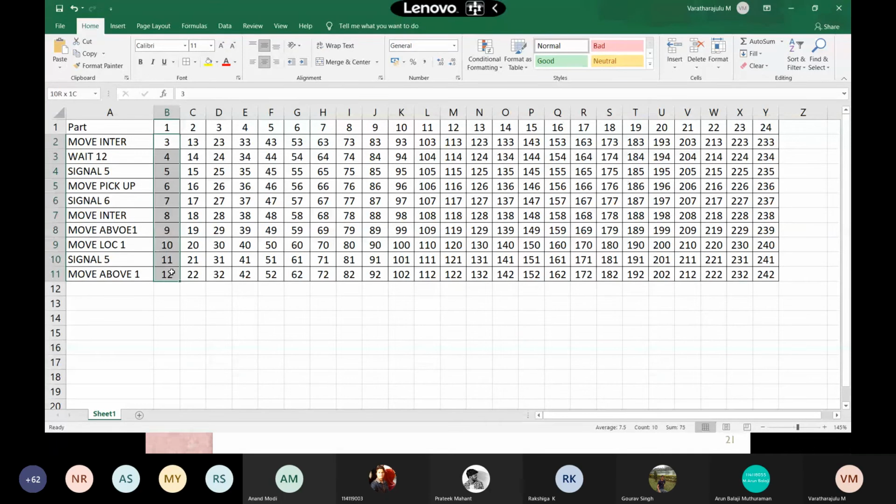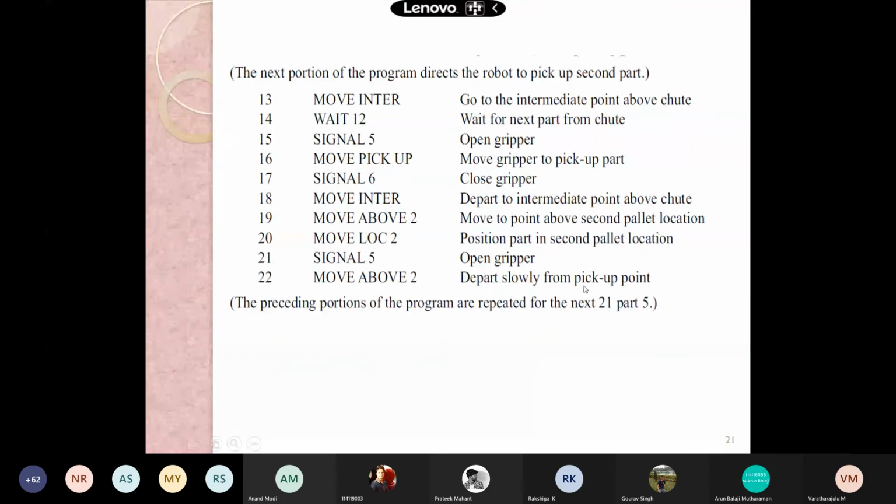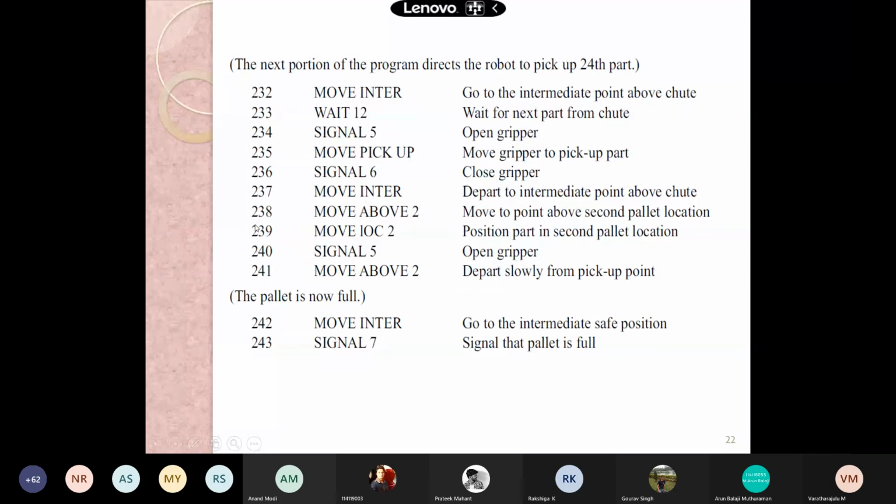Similarly, to pick up the 24th component, we were using 233 to 242, with the same commands, that is move inter, wait 1 2, signal 5 we are going to use in order to pick up and in order to drop the different components. Here, 232 to 241 is given wrongly, it has to be 233 to 242.